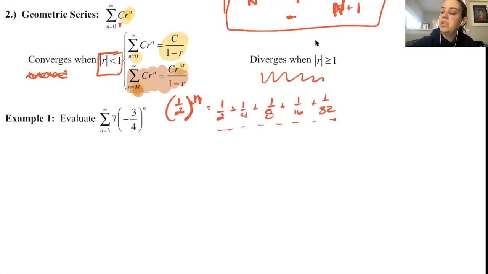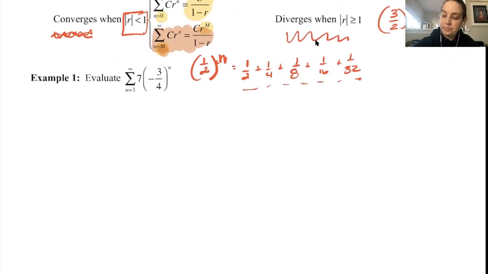It will converge. If you have a fraction that's larger than 1, say 3/2 to the n, this would be 3/2 plus 9/4 plus 27/8. I mean, you're adding numbers larger than 1 each time. So that sum will diverge. It's going to eventually get to infinity. It gets bigger and bigger and bigger.